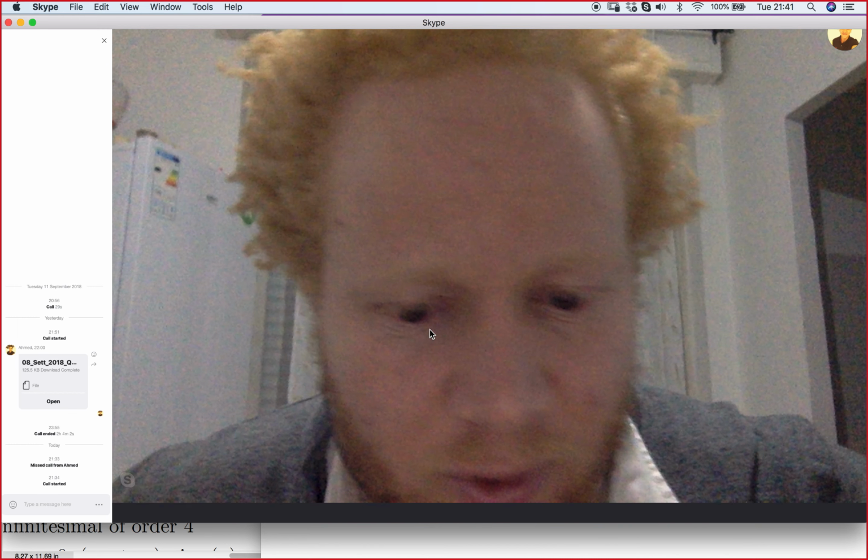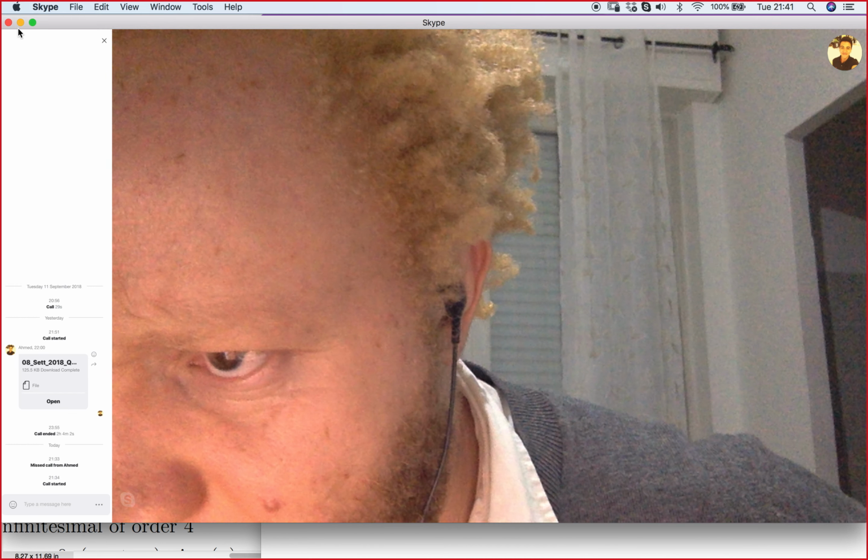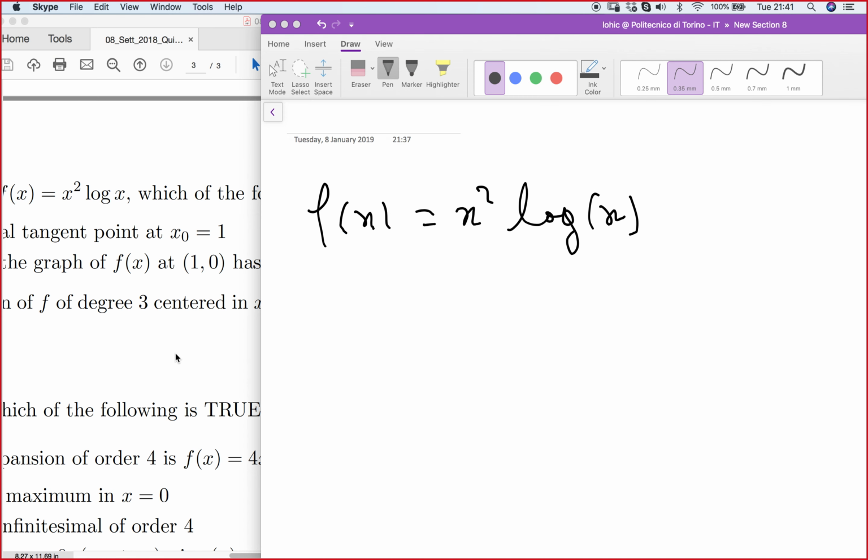The problem is that I forgot to share my screen before the lecture. Okay, and now? So we have f of x equal to x squared multiplied by the logarithm of x.